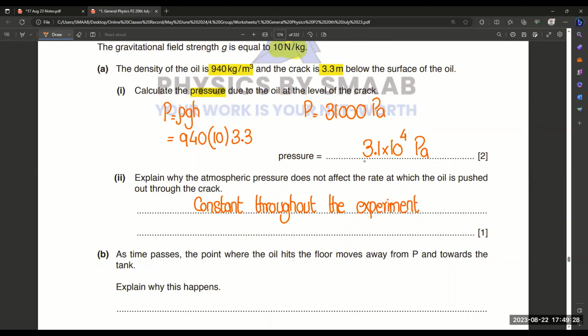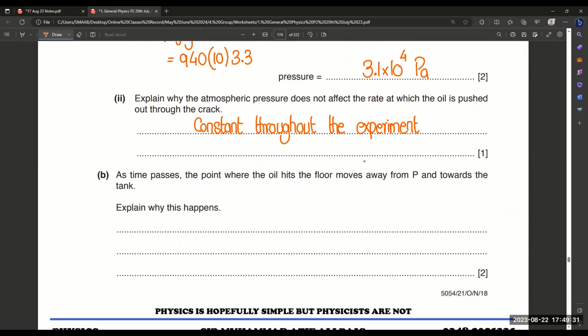So you can explain it in terms of the constant term. You do this by your own. It's up to you.